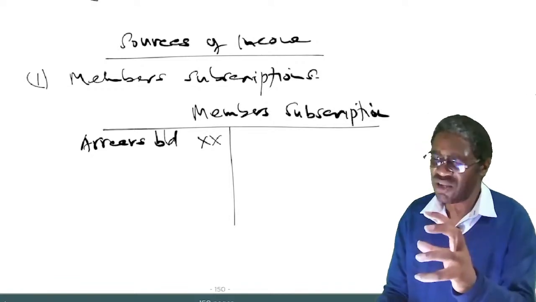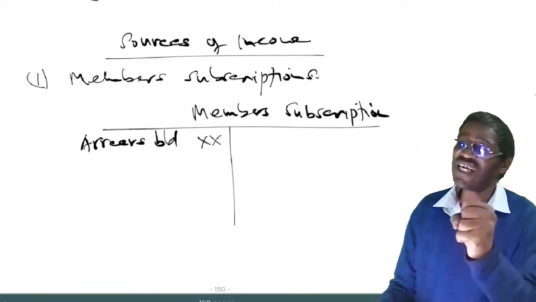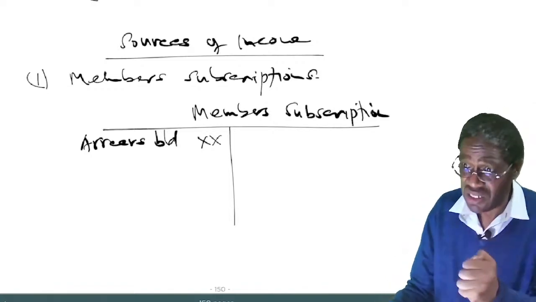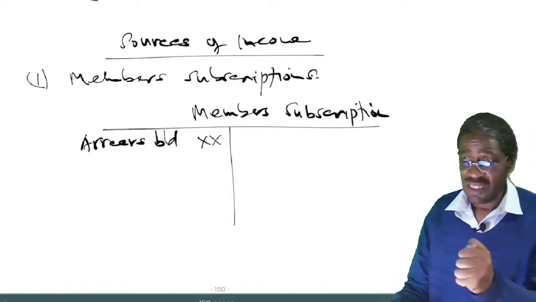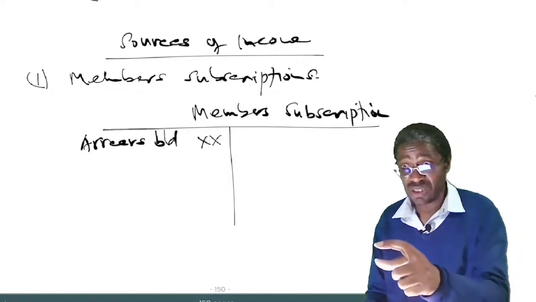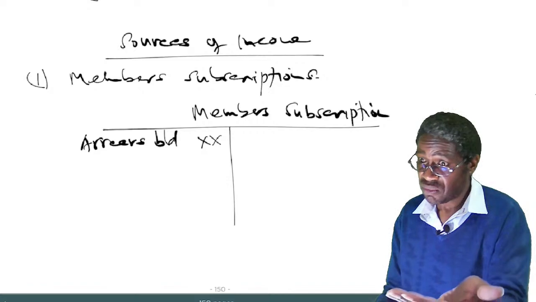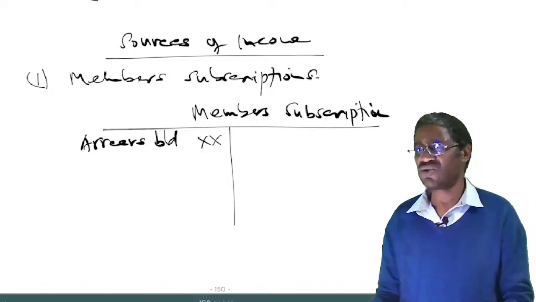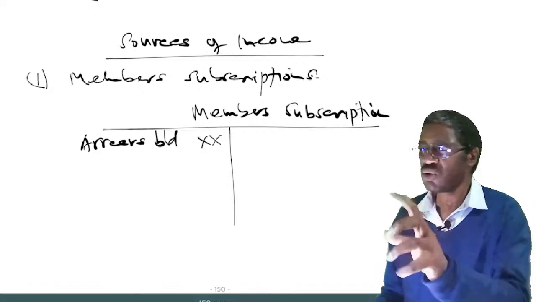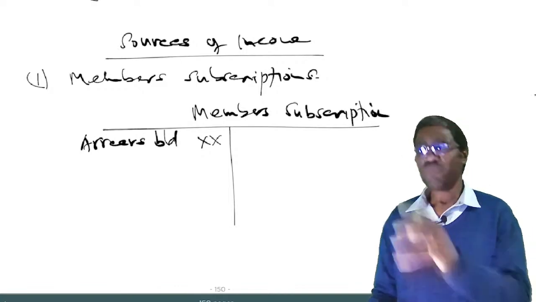So if by the beginning of this year there is an amount you have received in advance from some members, a member who could have overpaid you last year, remember, he can come back to the club and say, I am not going to use your services this year, bring back my money.